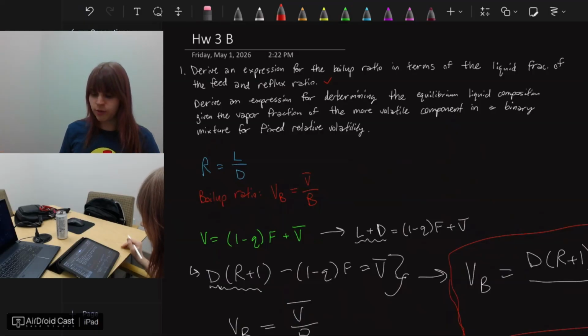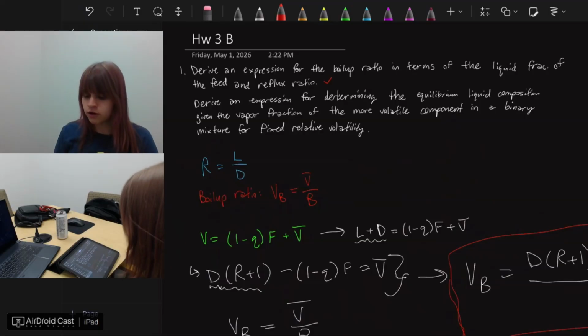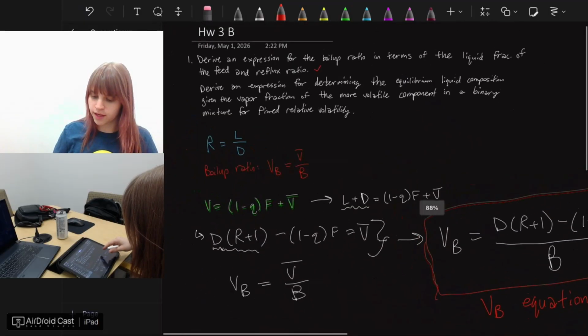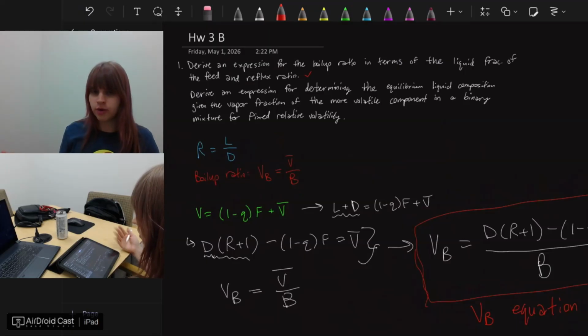So we kind of talked about relative volatility before, but basically we're assuming constant molar overflow, so the way our liquid and vapor flows interact with each other is consistent and ideal. And that is why we are able to do what we're doing today with the McCabe Thiele.